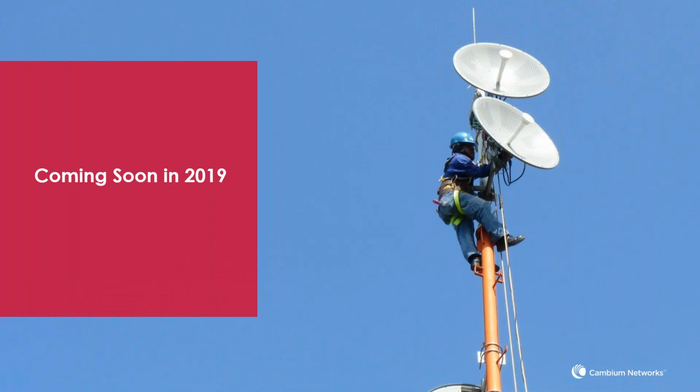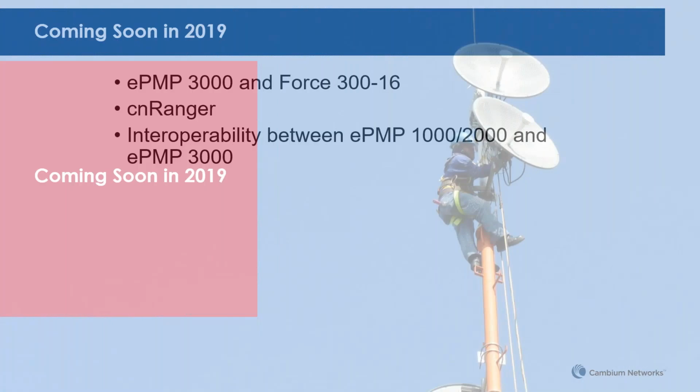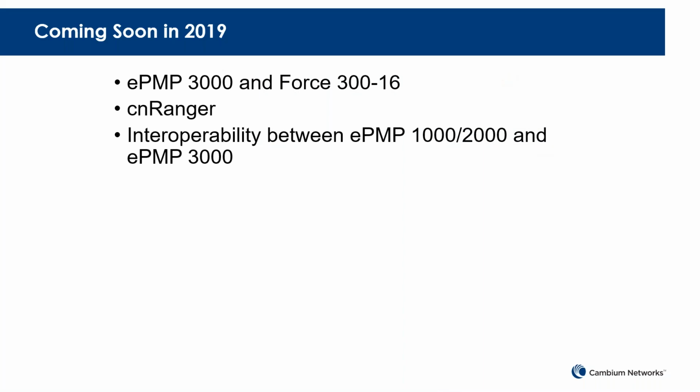So, drum roll, coming soon in 2019. We are working on some of the following things right now. There are other things we're working on, but we're not allowed to talk about. The first thing is ePMP 3000 and Force 300-16.